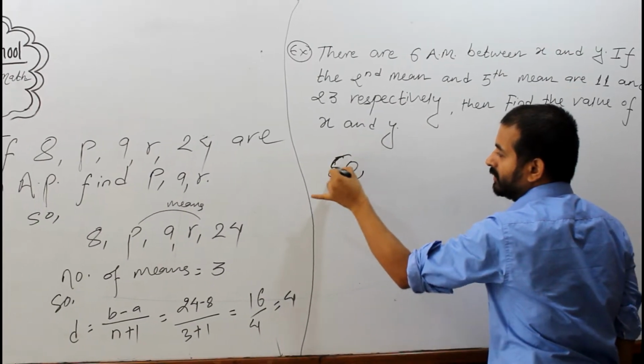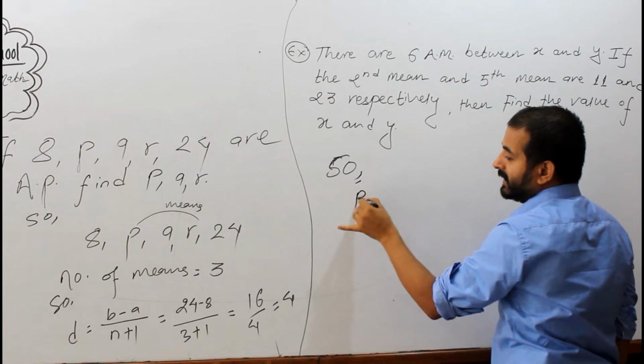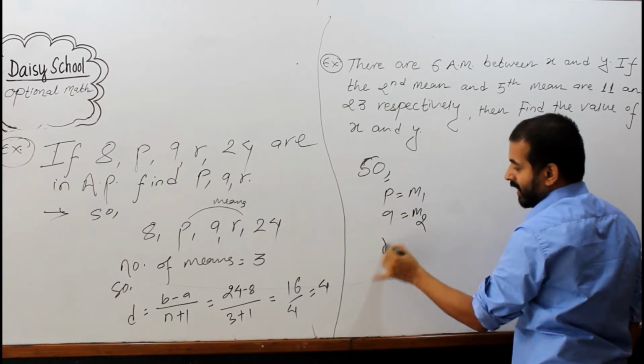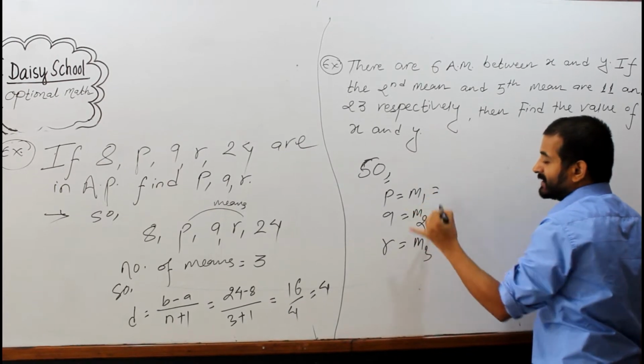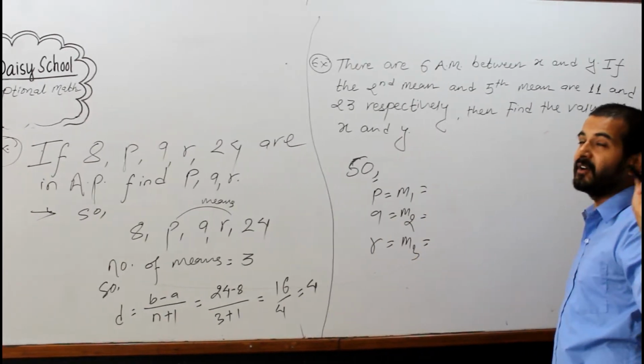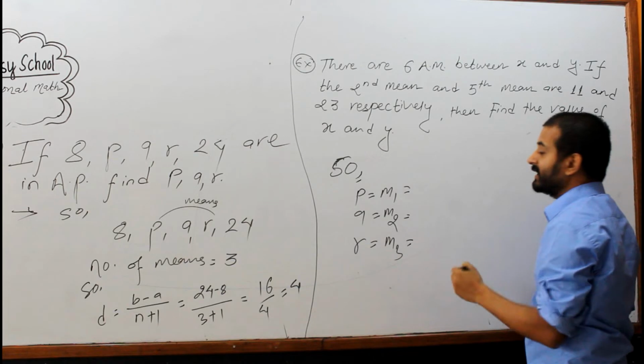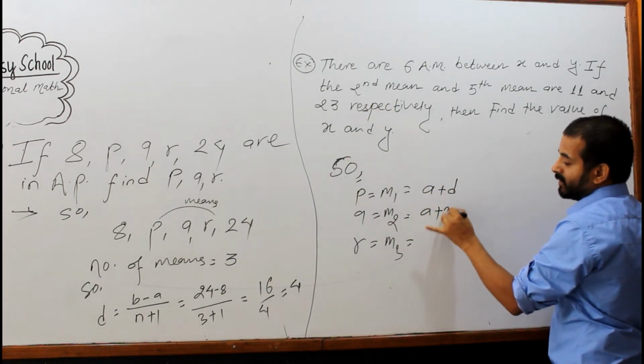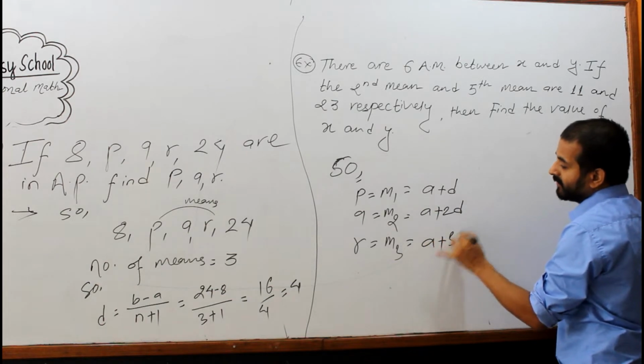Therefore, P is the first mean, Q is the second mean, R is the third mean. So this is not the first time you are using the mean formula, this is the second time. So tell me the formula. It is A plus D, A plus 2D, A plus 3D.